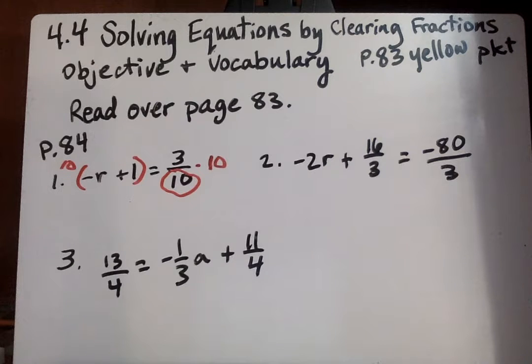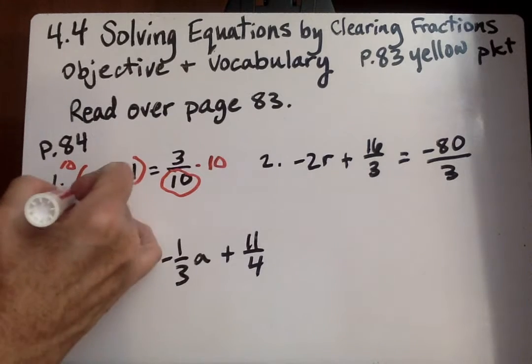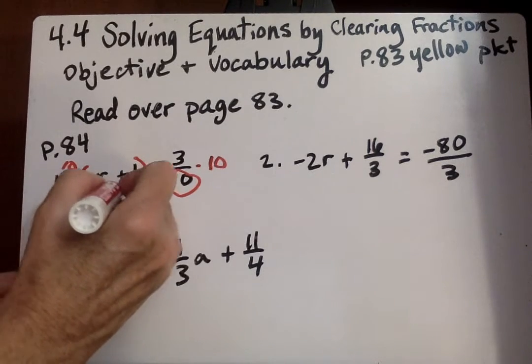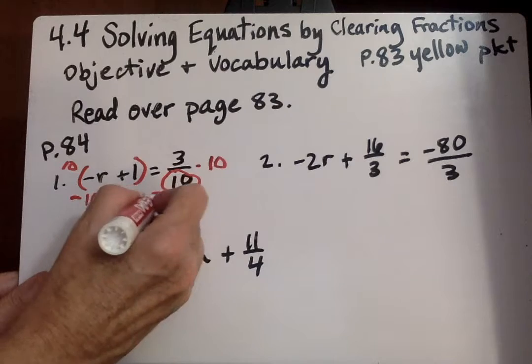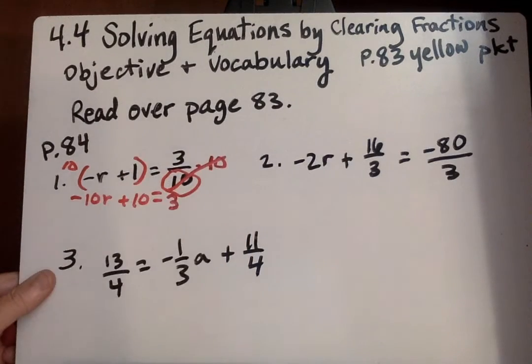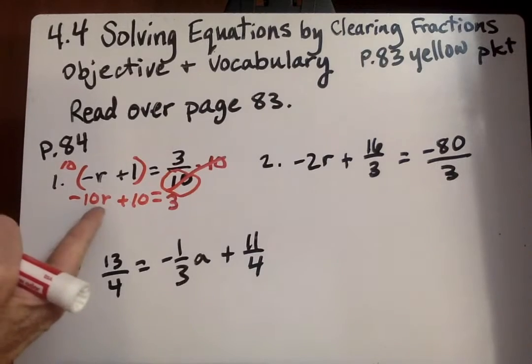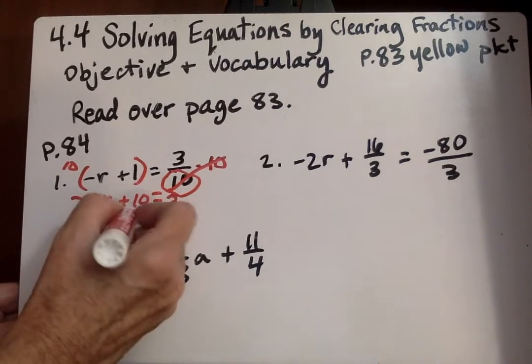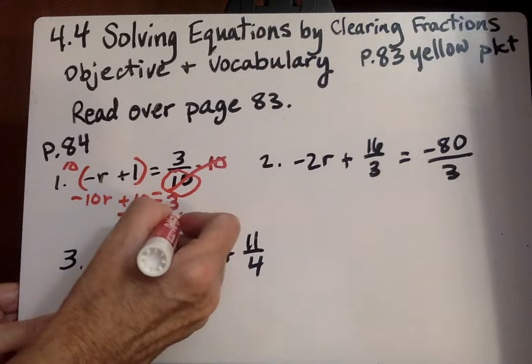So when I multiply that by 10, I get negative 10r plus 10 equals, now this will cancel out with that and I will be left with 3. Then I solve for r like normal, minus 10 here, minus 10 here.